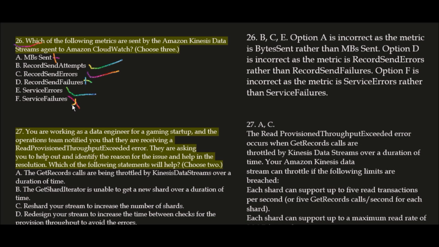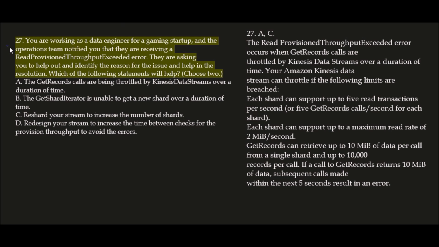Okay. Next question. You are working as a data engineer for a gaming startup and the operations team notified you that they are receiving a read provisioned throughput exceeded error. They are asking you to help identify the reason for the issue and help in the resolution. Which of the following statements will help? Choose any two.